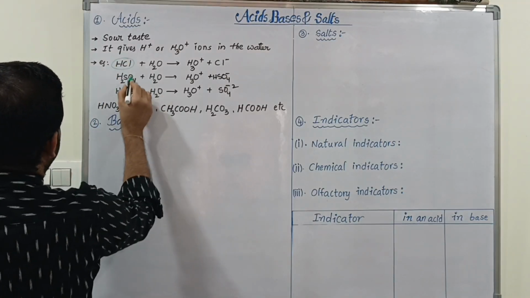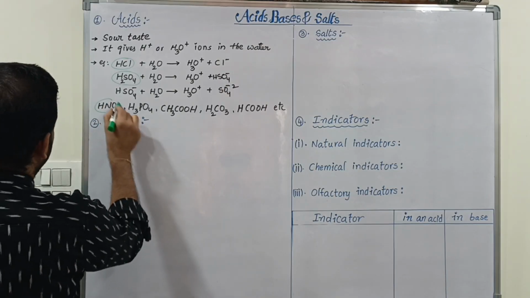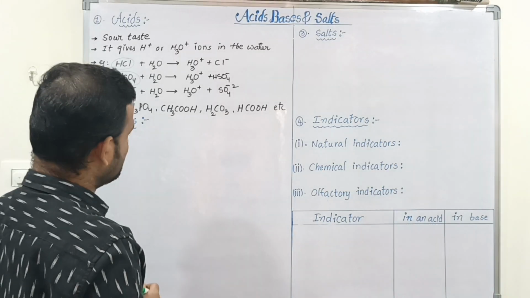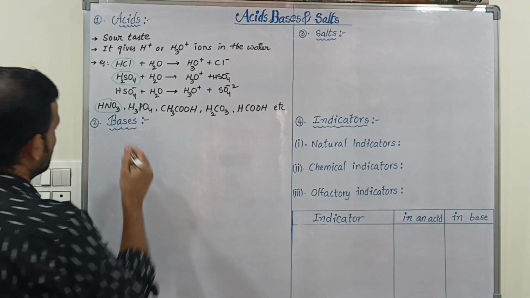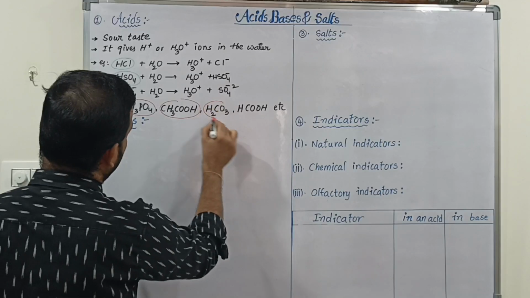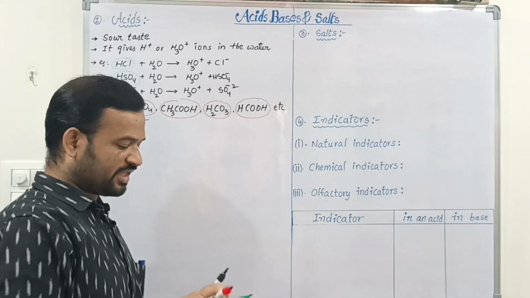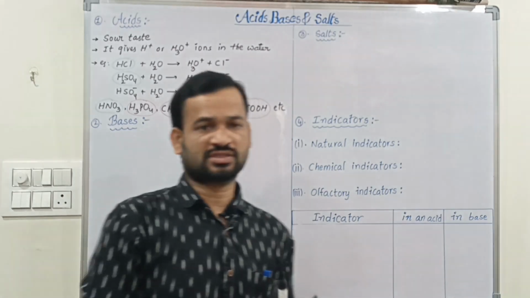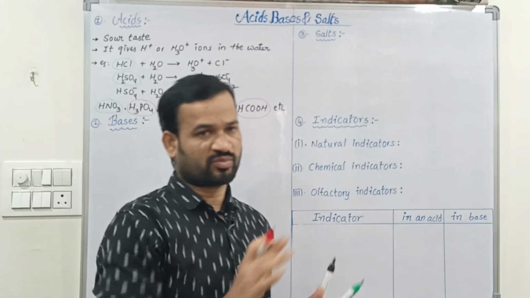HCl is a strong acid, H2SO4 also a strong acid, nitric acid also a strong acid. And the weak acids are phosphoric acid, acetic acid, carbonic acid and formic acid. So many acids we have, and I have written only the important acids on the board.